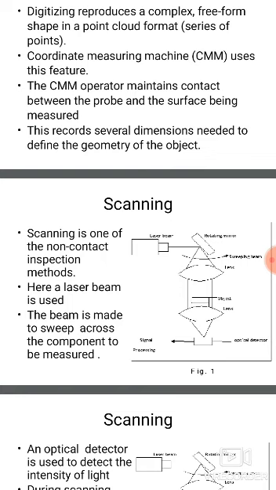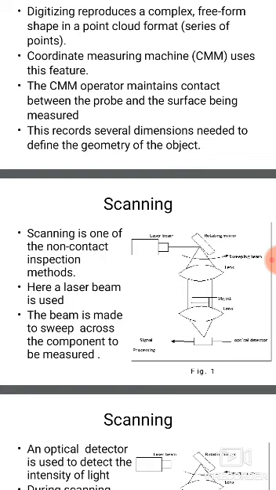In this non-contacting inspection method, the sensor is not in direct contact with the workpiece. The sensor is located at a distance from the workpiece to measure the desired features.